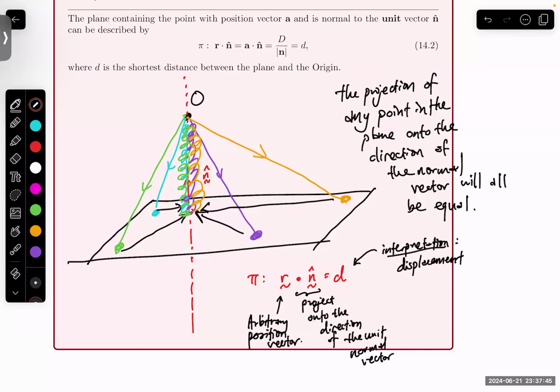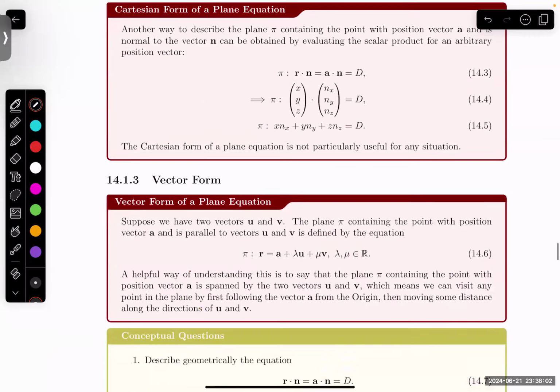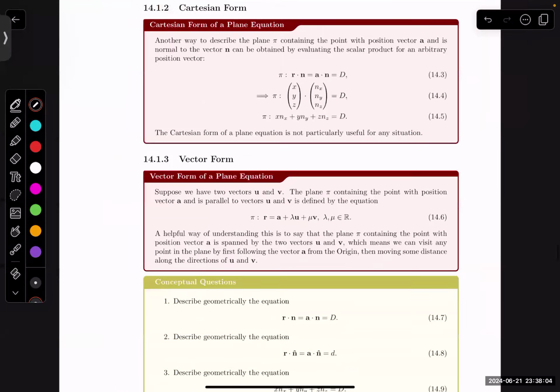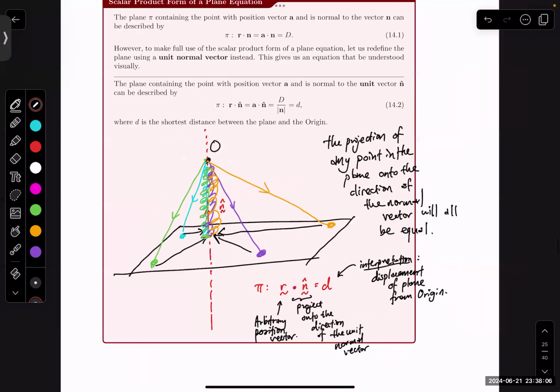This is the displacement of the plane from the origin, following the normal vector. So this is the description or explanation of this scalar product form of a plane equation.